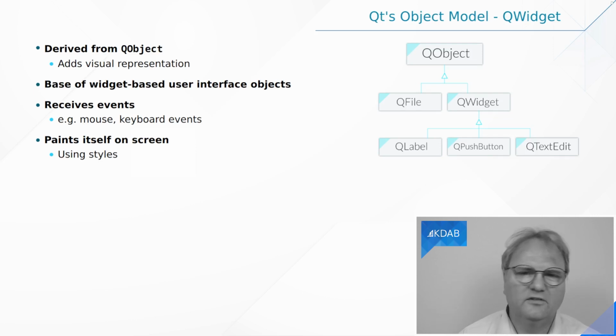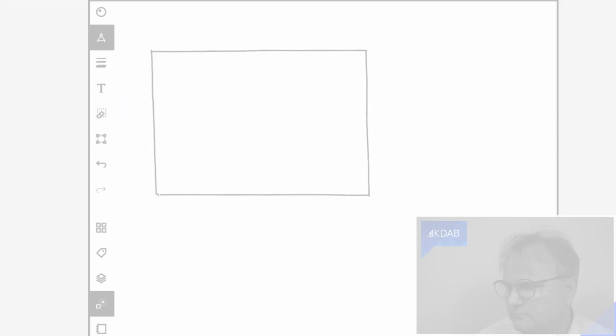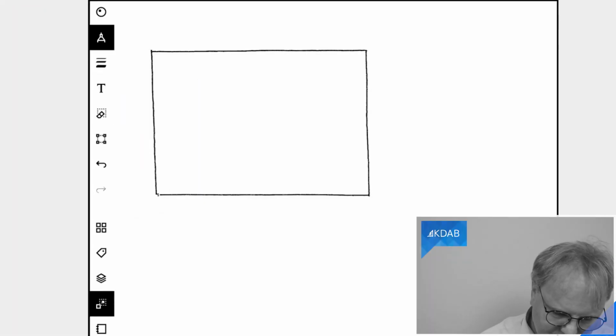But for us to understand that, let's draw a small widget hierarchy, not as in its inheritance, as you see on the screen here, but as in parent-child relationship. What you're looking at here is a QDialog, and a QDialog obviously has some stuff in it.